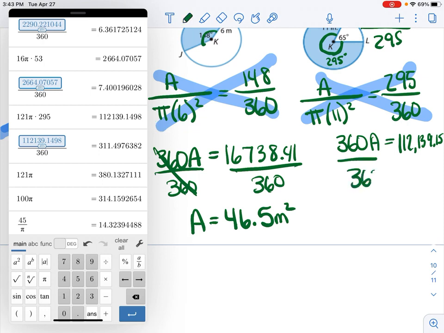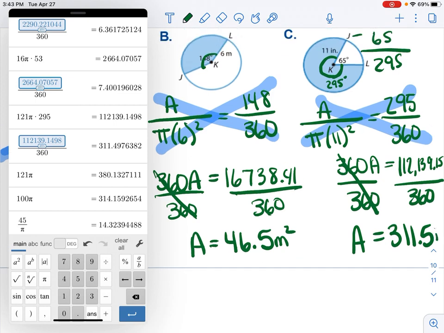I can divide by 360, and I get that my area is equal to 311.5 square inches.